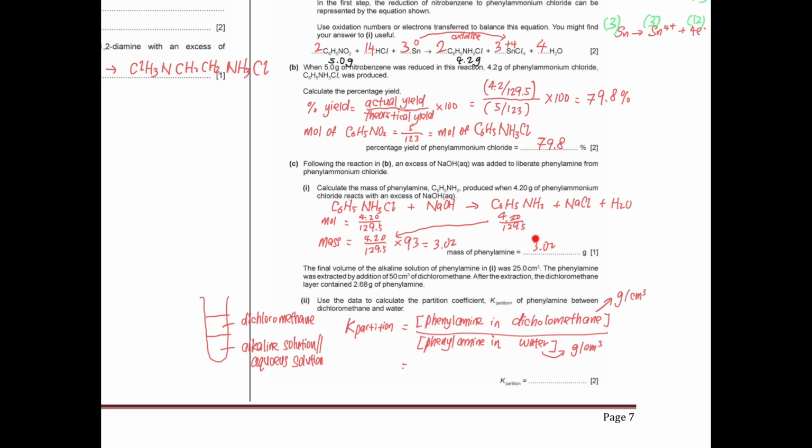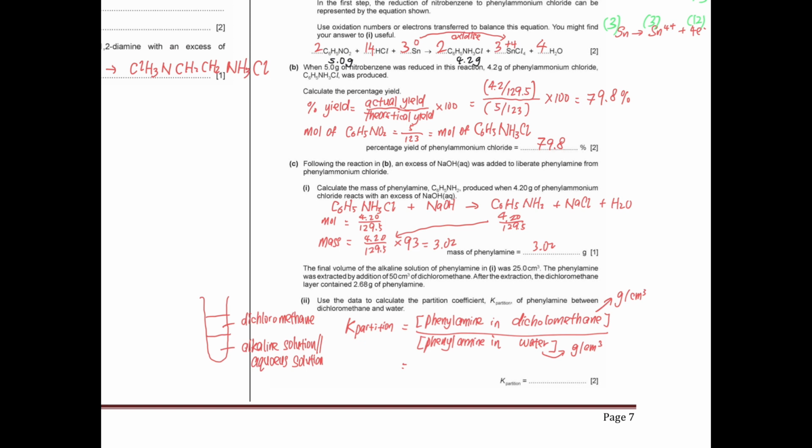Initially we have 3.02 of phenylamine, where they're all in alkaline solution. Now you add some dichloromethane inside. So some go to the dichloromethane. So they say 2.68 gram go to the dichloromethane.